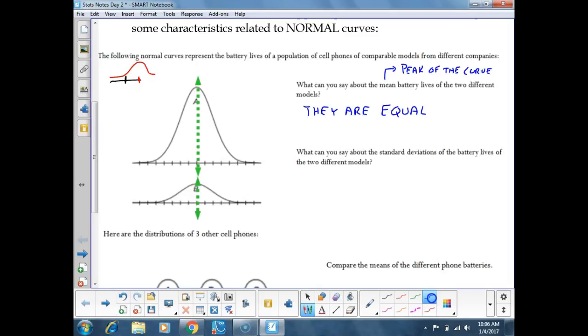Now if I'm talking about standard deviation, the taller the curve, the smaller the standard deviation, the less spread out your data is.